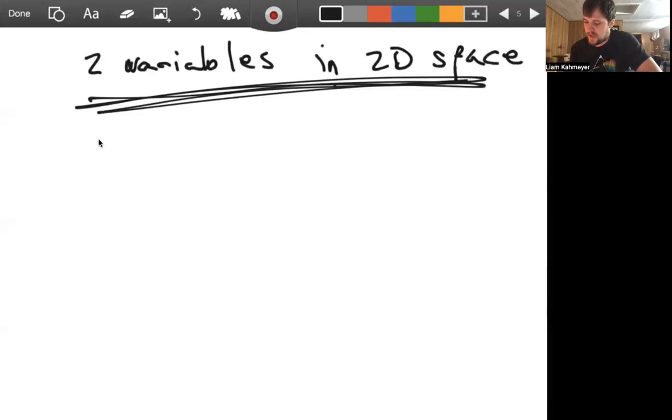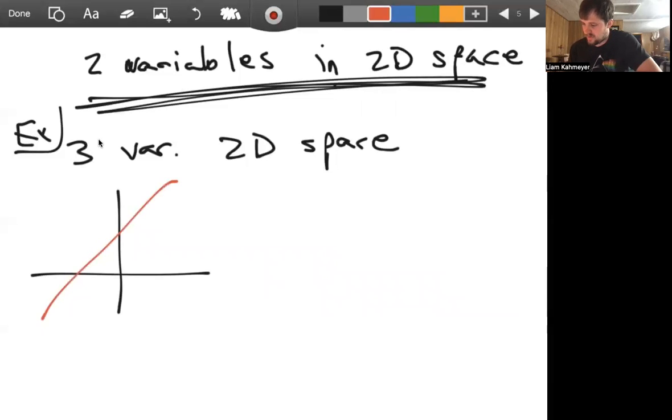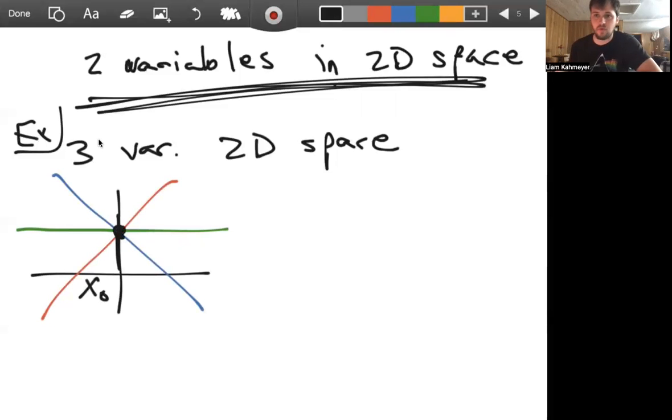For example, we could have 3 variables, but still be in 2D space. So say we have 3 equations here, and a solution, again I've drawn it to be 0, but let's say this intersection point is at the x value of x naught here.